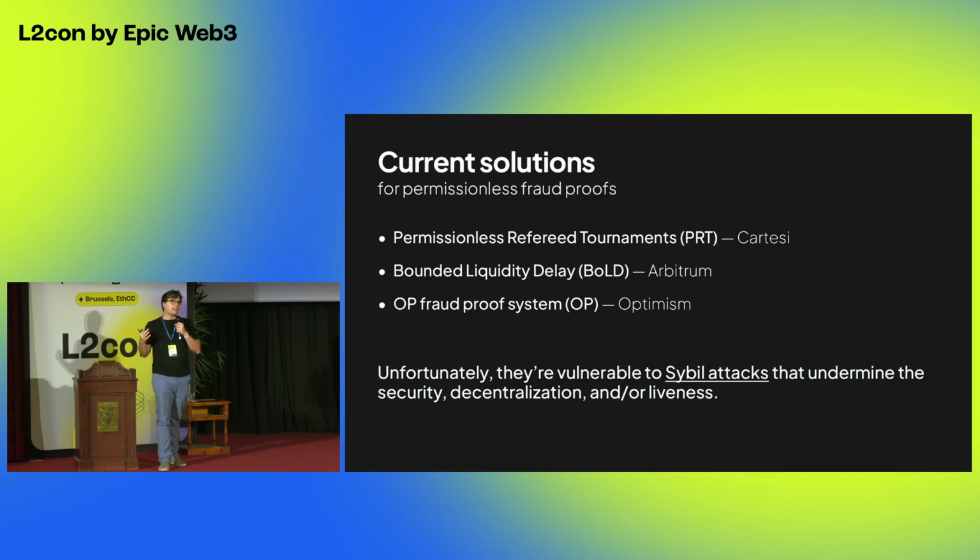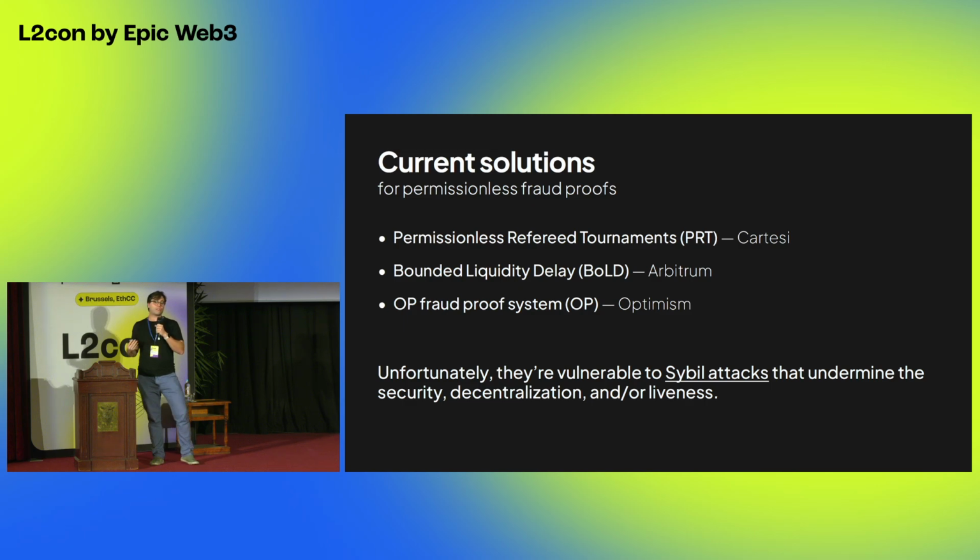The three main designs are ours, called Permissionless Refereed Tournaments, then Arbitrum BoLD, and then Optimism's fault-proof system. And the good news is that these three, which are the state-of-the-art, the best we have, are really great improvements on what we had before.